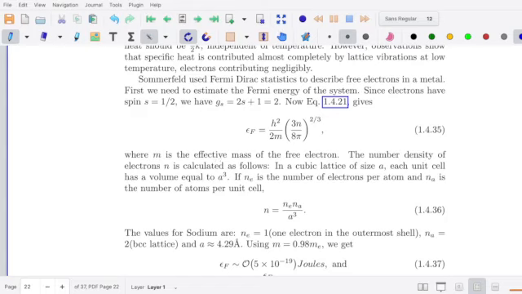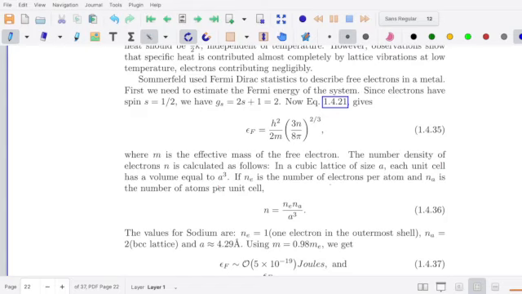Now we need to have an estimate of the number density of free electrons in the metal, and it can be calculated in the following way. If we assume a cubic lattice, and if its size is A, then each unit cell will have a volume equal to A cube.